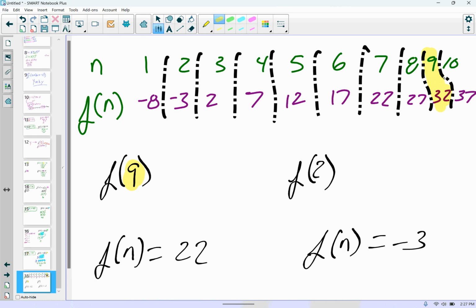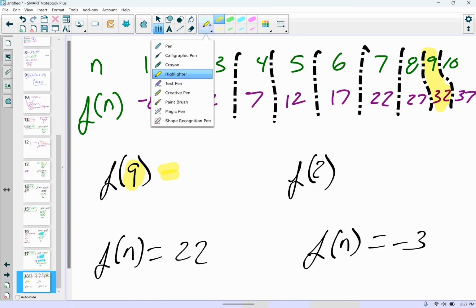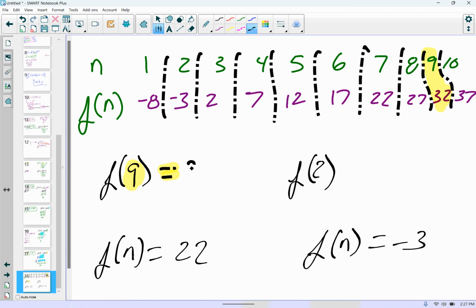I highlighted the 9. And what is the output with the 9? It's highlighted. 32. Oops. I don't know why I did that in the dotted. That 32. Friends, can you make this work?